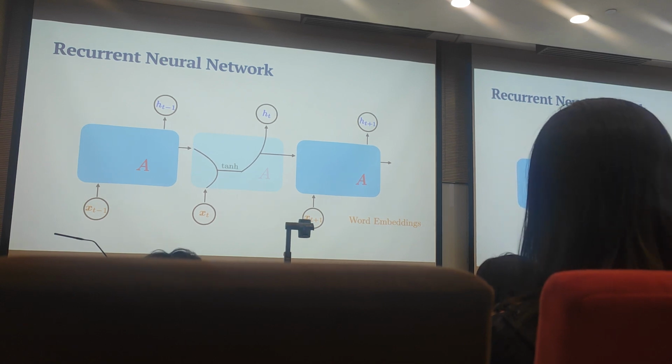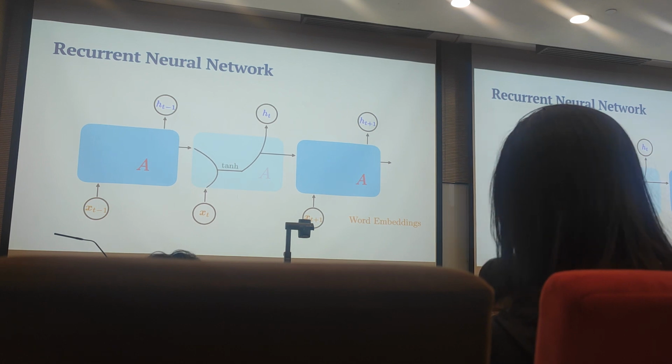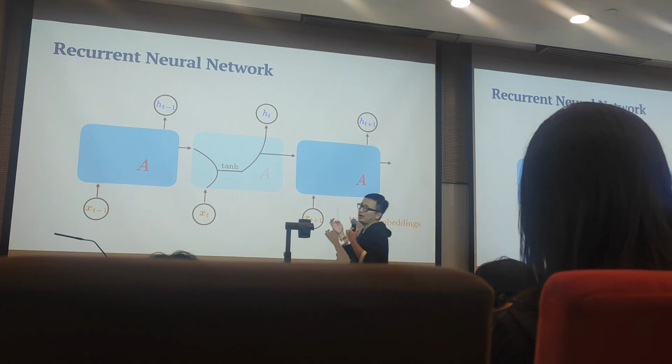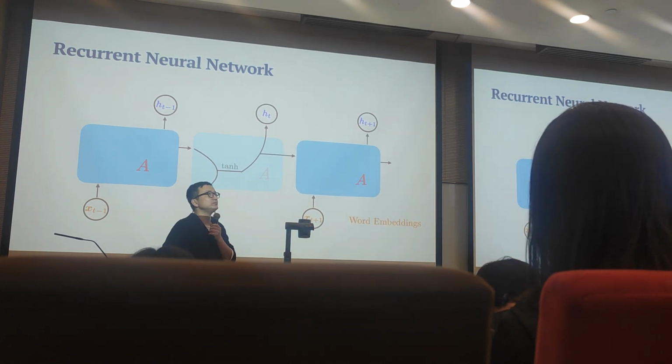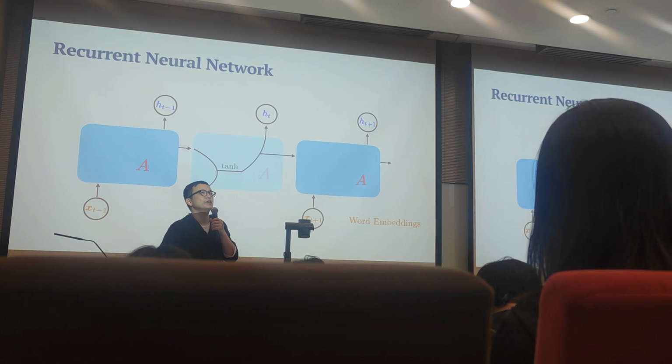In the forward pass, what we are actually doing is, based on the parameters and the input word embeddings, we compute Ht minus 1, Ht, Ht plus 1, those things there. It's easy for us to compute those things. Okay? So this is the forward pass for the recurrent neural network, the computational graph for the recurrent neural network.